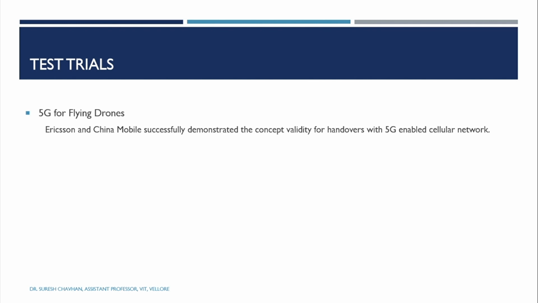And for 5G, they have done a few test trials. First, 5G for flying drones. The companies Ericsson and China Mobile successfully demonstrated the concept of handovers with respect to flying drones, checking whether they have seamless connectivity.